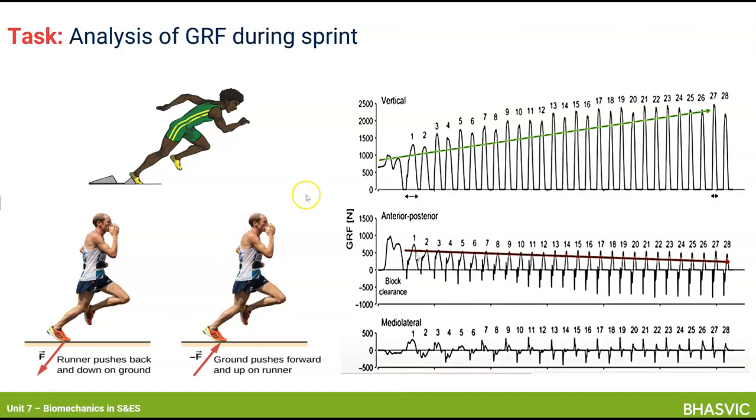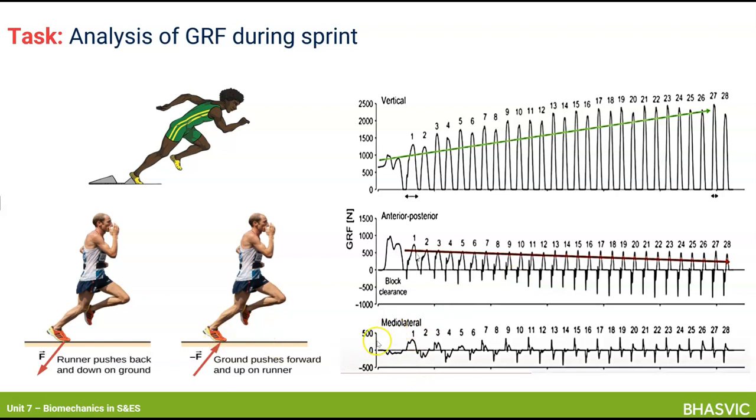So let's take a moment to study these graphs. These are ground reaction force graphs, and they show a couple of different types of ground reaction forces. So forget the diagrams, the images, for a minute. Let's just look at the graphs and identify what they're showing us. All three graphs show a reaction force from a foot placement on the ground.